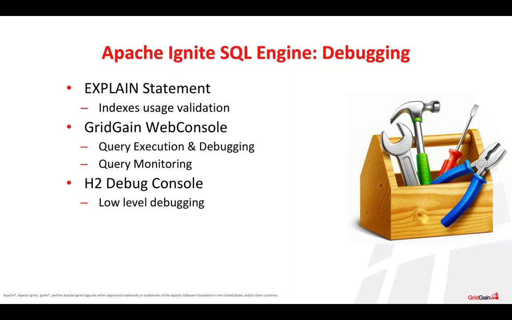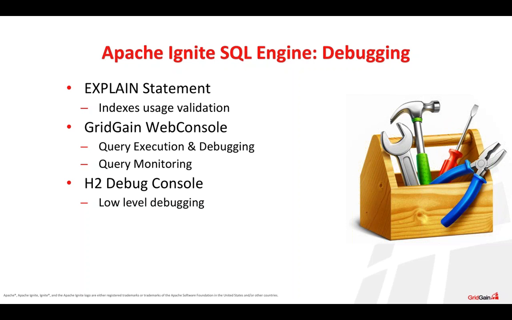As well, at the early beginning of the development cycle of your application and solution, sometimes it makes sense to debug your SQL queries using different monitoring tools. Here you can use the GridGain Web Console that I'm going to demonstrate in a couple of minutes. This console allows you to execute queries over the cluster and to see the result sets returned by the queries.